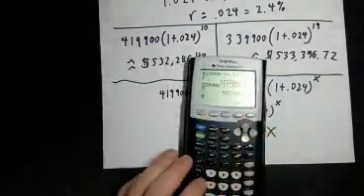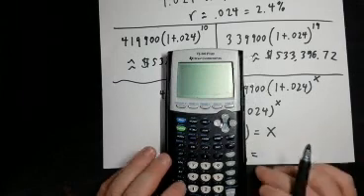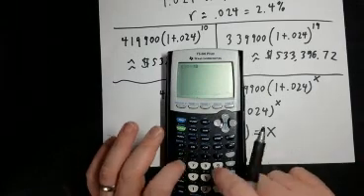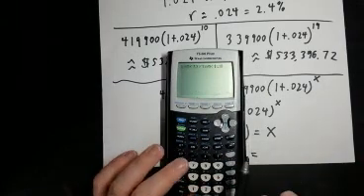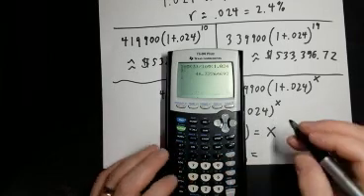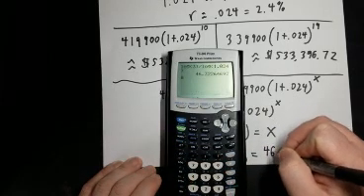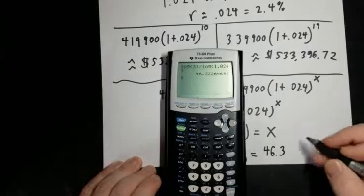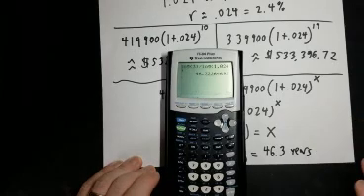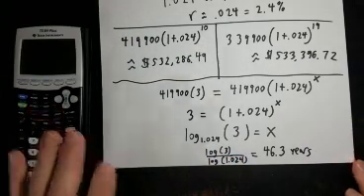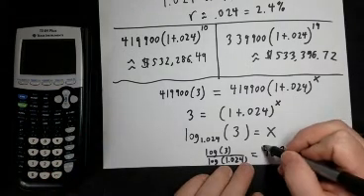So, if I were to go to the calculator, log of 3 divided by log of 1.024 gets you approximately 46.3 years. Now, again, this would be the answer that would be perfectly acceptable.